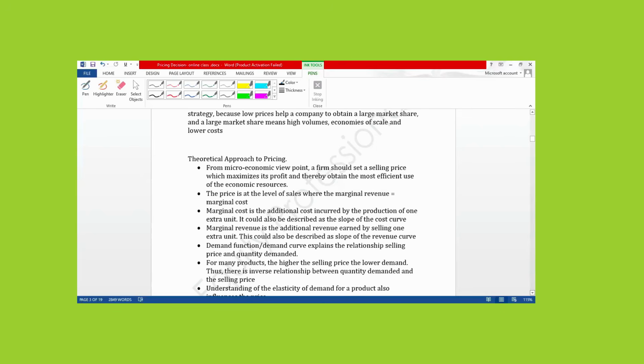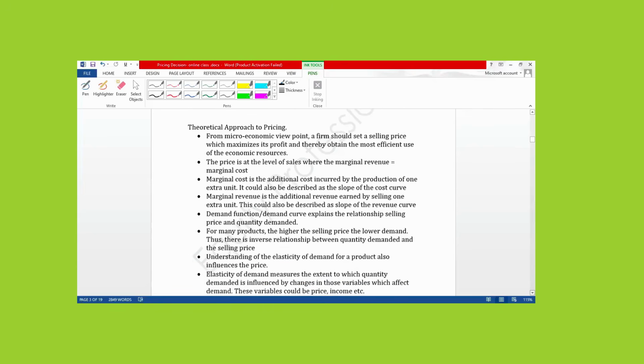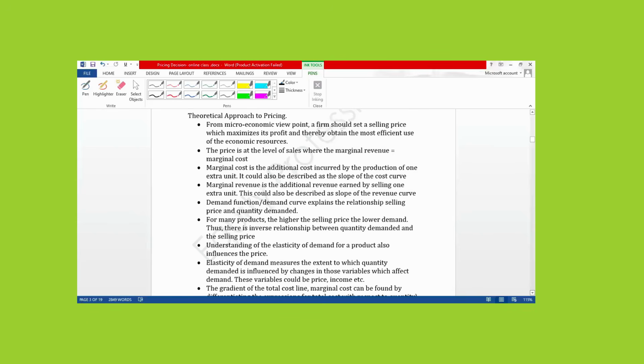What that means is, you can get your marginal revenue from your total revenue. Your marginal revenue can be derived from your total revenue.